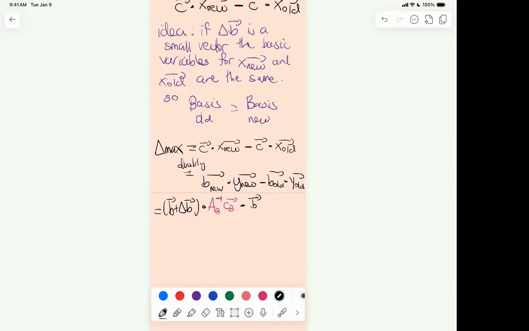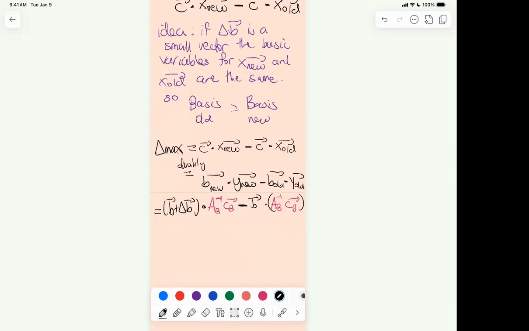That was just B times Y old, and it's exactly the same formula, because in this formula nothing depends on the vector of constants. They just depend on the matrix, and also only on the coefficients of the function. Just to make this clear, this is a minus sign, and this is a dot product. Okay, perfect.